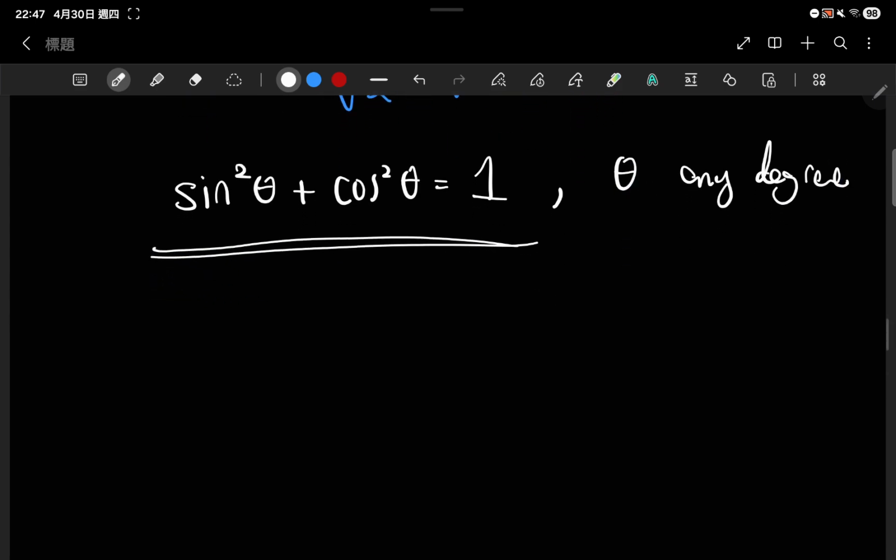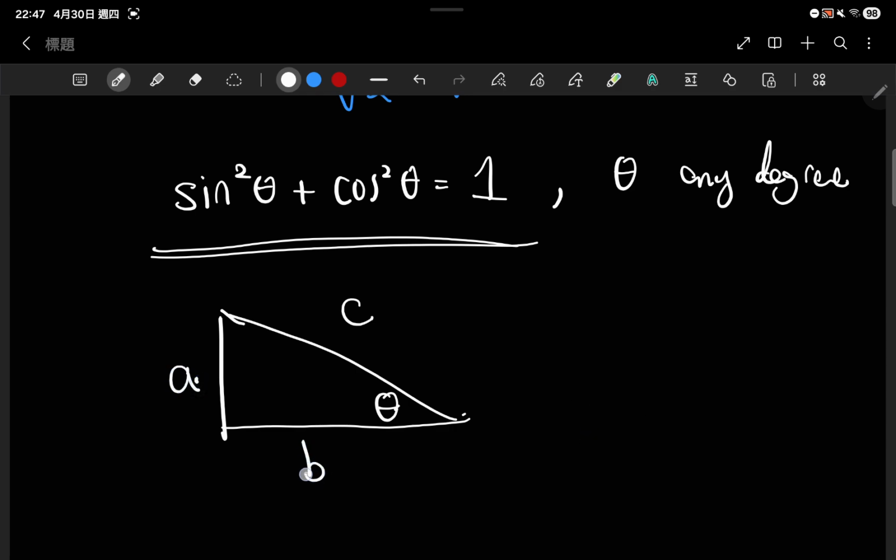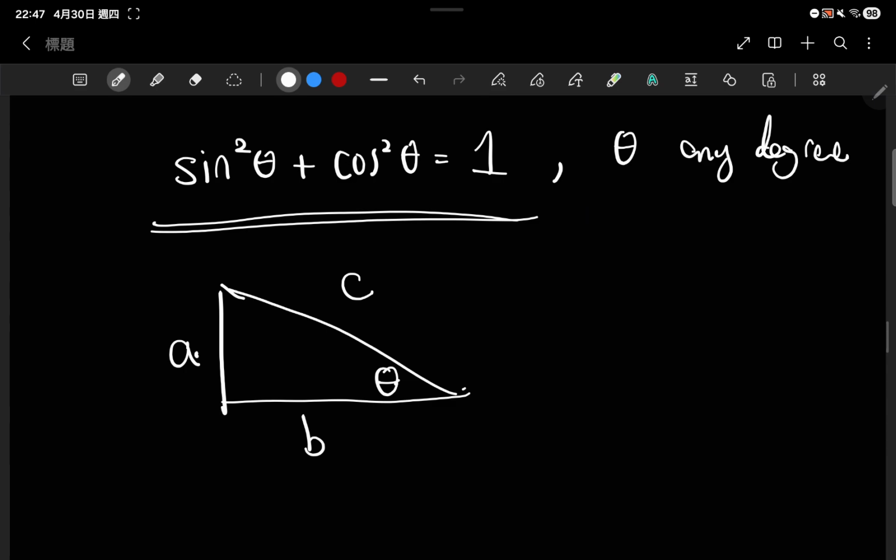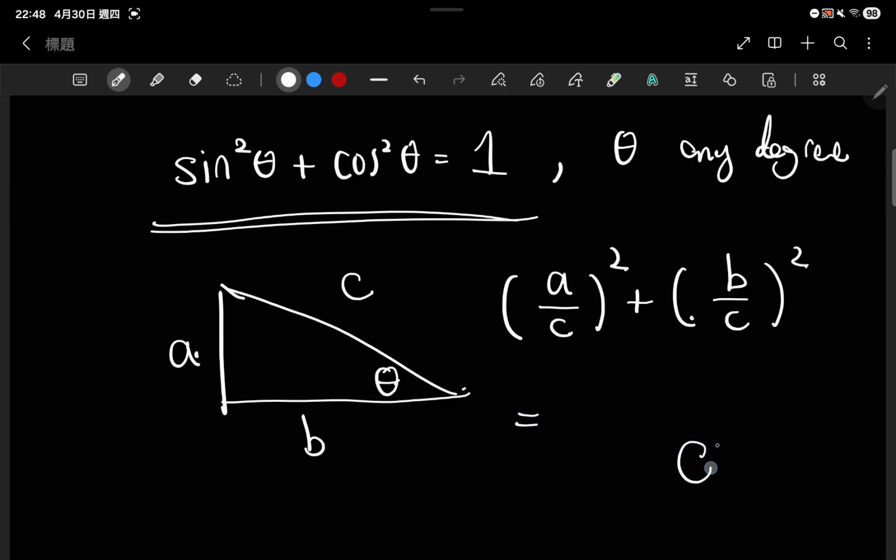So we say this is theta, and maybe this is c, the opposite side of theta degree is a, and this is b. So sine squared, sine is a over c and squared, and cosine theta is b over c squared, so the denominator is also c squared, right?